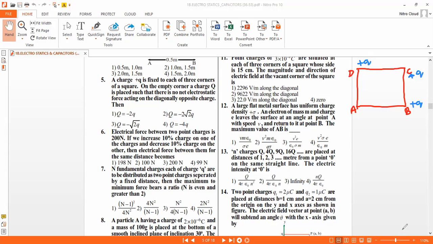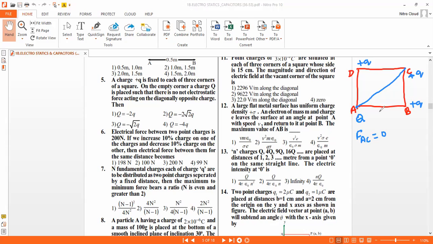On the empty corner, a charge capital Q is placed such that there is no net electrostatic force acting on the diagonally opposite charge. There is no force in this, that is FAC is equal to 0.